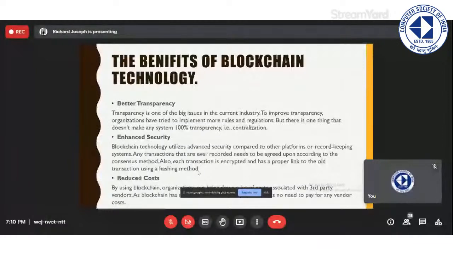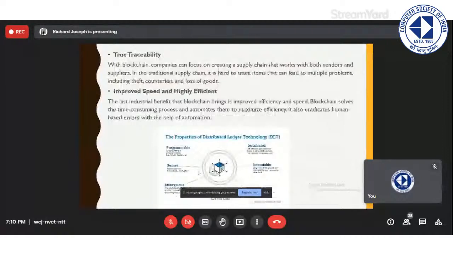The next benefit is true traceability. We discussed this interesting property of blockchain, that once the data is stored in a block, it is very difficult to manipulate or change it. So if blockchain is enforced, creating a supply chain that works with both the vendors and suppliers is very good. In a traditional supply chain, it's very hard to trace items, and it can lead to many problems, including theft, counterfeit, and loss of goods.